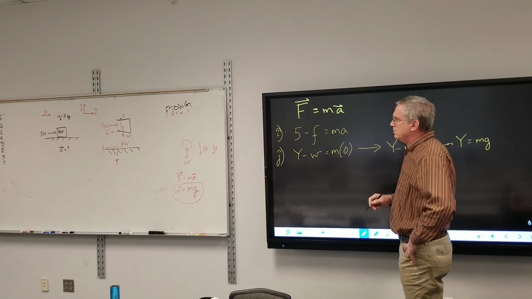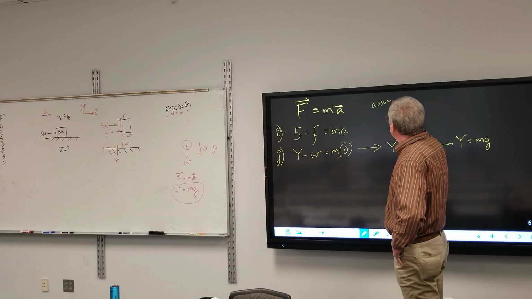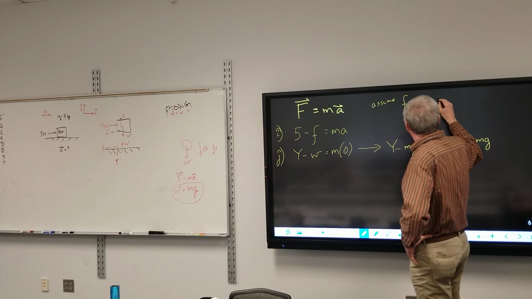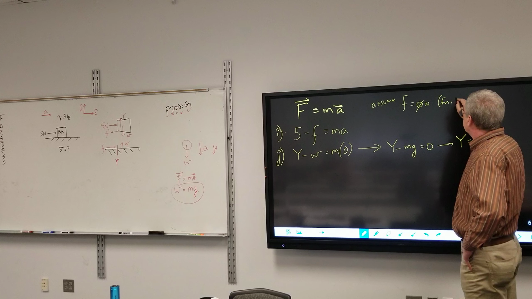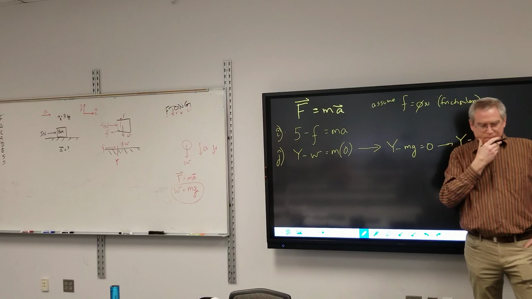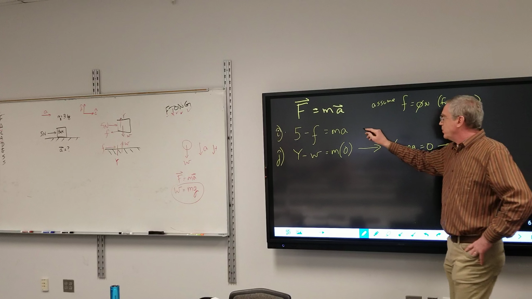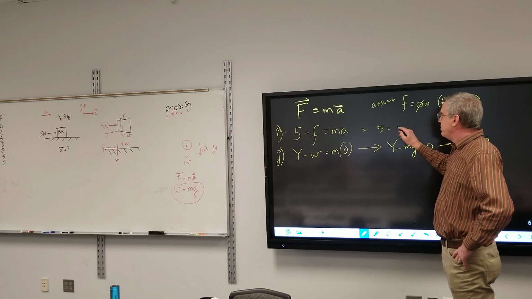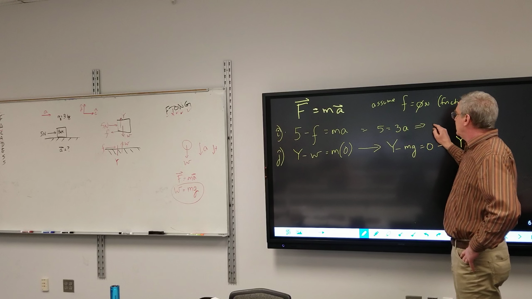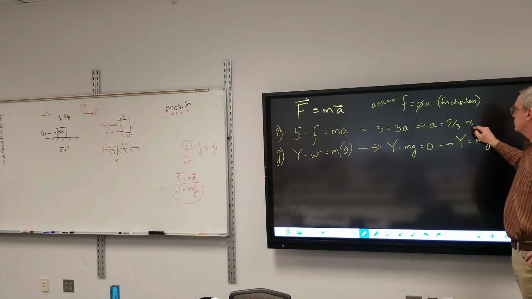Let's just assume frictionless. That will definitely not always be the case, but we've got to start somewhere. So in which case we have 5 is equal to my mass times my acceleration, and so my acceleration is 5/3 meters per second squared.